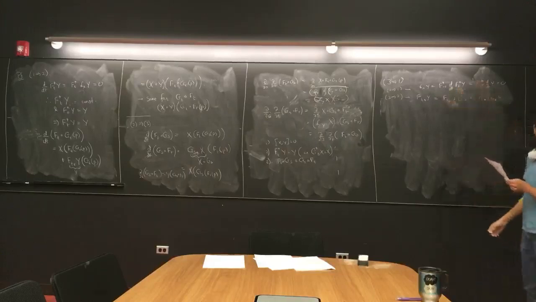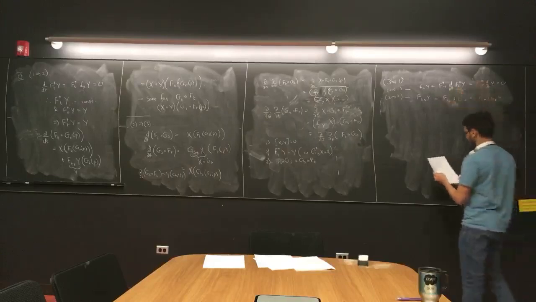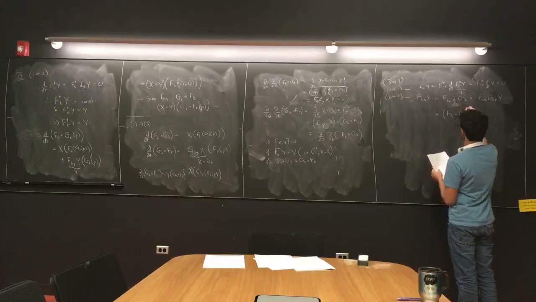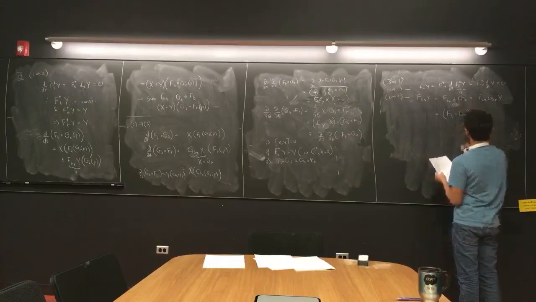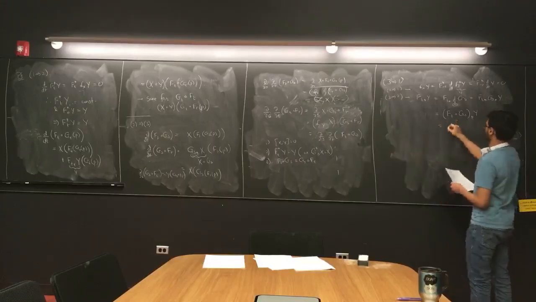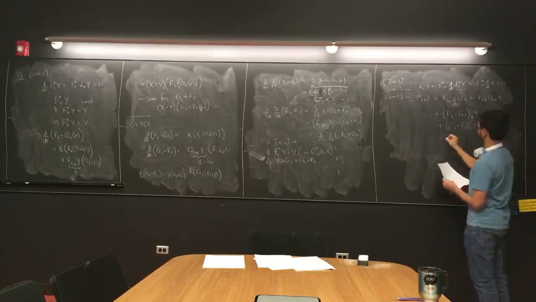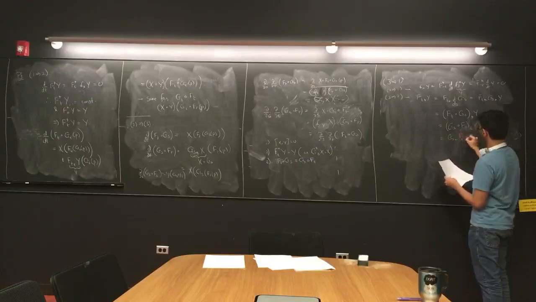Y is going to be propagated to itself under its own flow. This is ft composed with gs star of y, which by our hypothesis is gs composed with ft star y, which is gs star ft star of y.